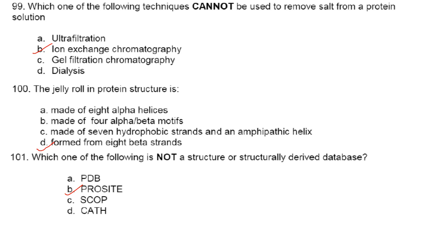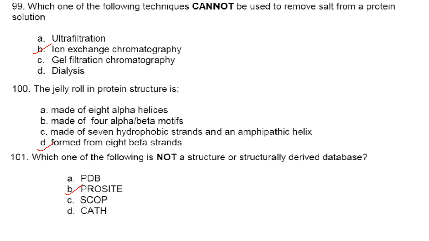The jelly roll in protein structure is, jelly roll or Swiss roll fold is a protein fold or super secondary structure composed of 8 beta strands arranged in two 4-stranded sheets. So the answer is formed from 8 beta strands. Answer is option D. Which one of the following is not a structure or structurally derived database?